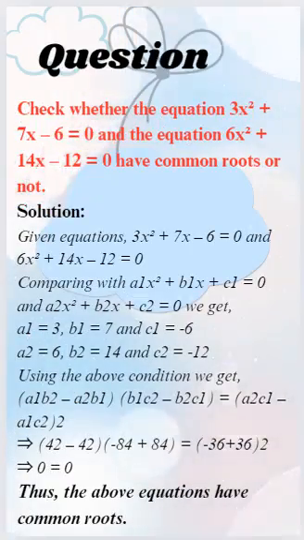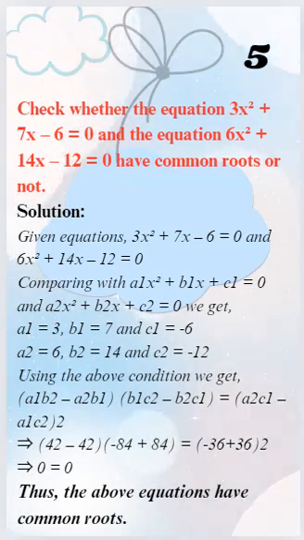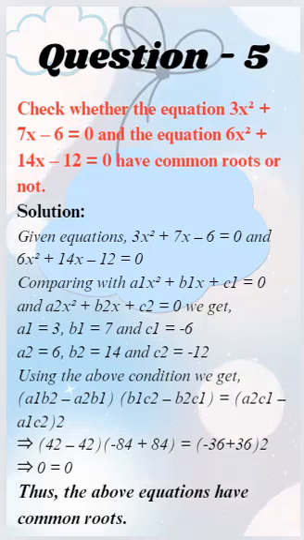The next question is, check whether the equation 3x square plus 7x minus 6 equal to 0 and the equation 6x square plus 14x minus 12 equal to 0 have common roots.